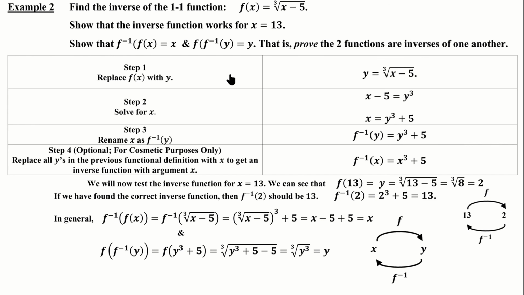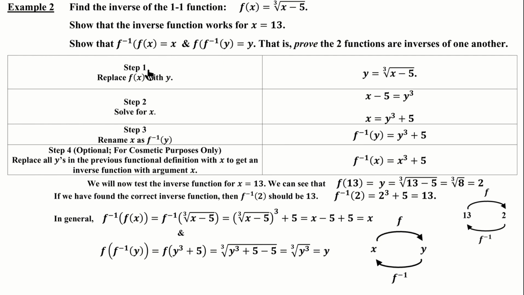So let's see how we can find it, though last time we were given this inverse. This time we're going to see actually how to find it. Then we're going to do a test point. We're going to test whether we have the right inverse function for x equals 13. Then we'll proceed with proving that they are inverse functions by proving that these two compositions end up giving us just what we start with, x and y.